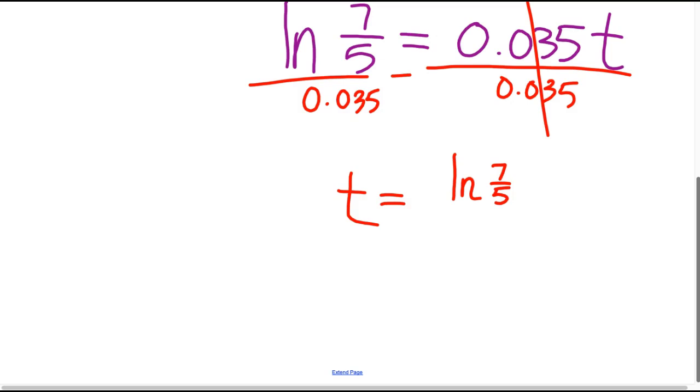Make sense? So what did we get? Anybody get an answer for that? The natural log of 7/5, I get 0.3 whatever, and then divide that by 0.035. 9.61, I got that too.